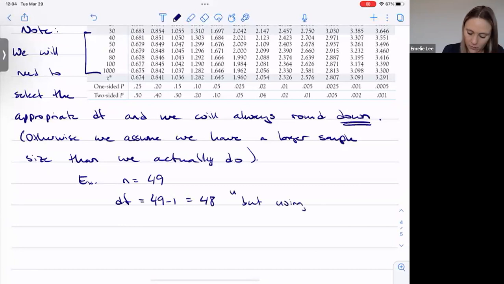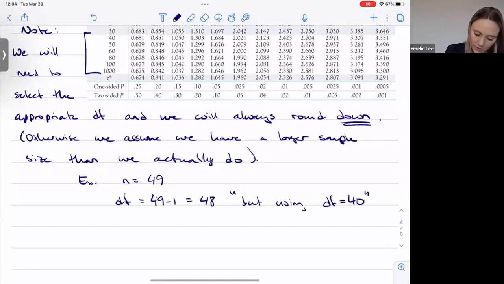So here's how we follow through, but using degrees of freedom equals 40. And maybe I'll put quotes around it. So you always want to highlight what degrees of freedom you're using.